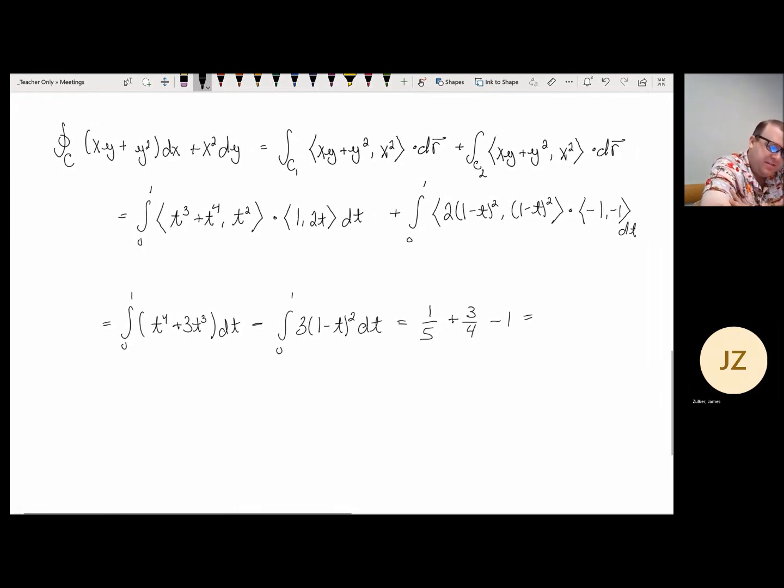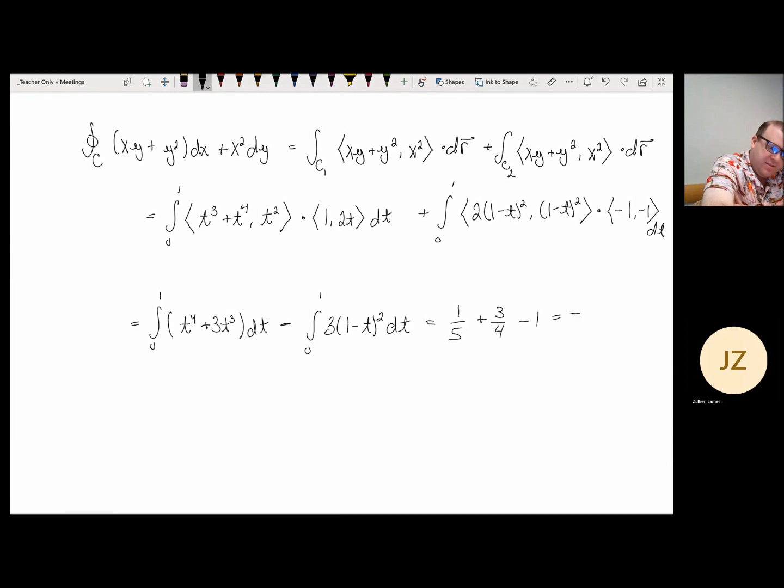Minus 1. Negative 1/20. Which of course automatically means this cannot be conservative. Right? Conservative vector fields have a circulation of 0.